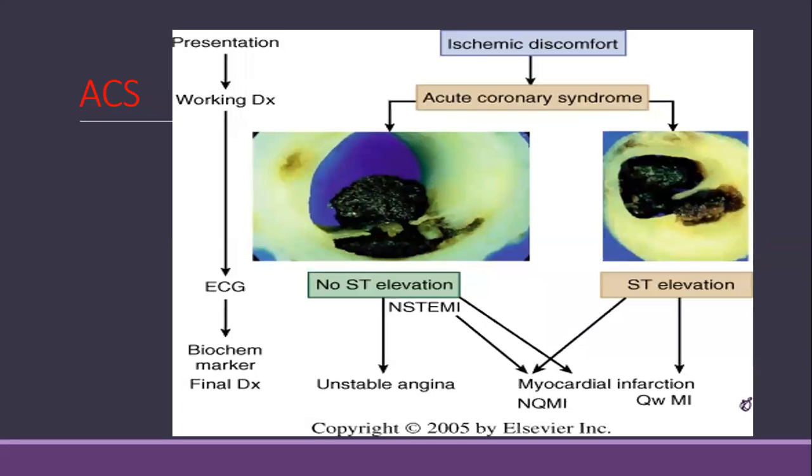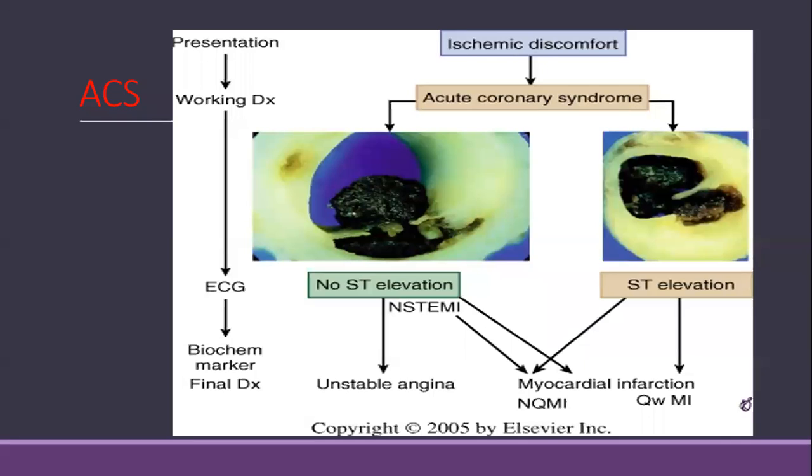So those patients who present initially with chest pain and whose ECG shows no ST elevation, this group is known as having no ST elevation. We call these non-ST elevation patients. After a few hours, 6 hours, 12 hours of your working diagnosis, you start doing some tests on the patient, especially biomarkers.